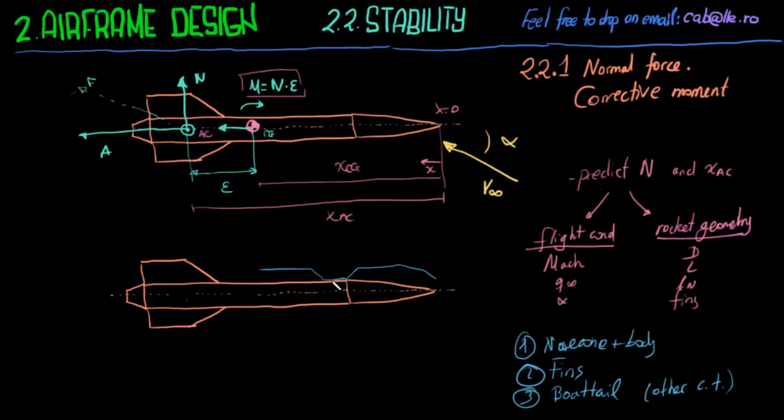But it's not so common in some rockets, so just leave it to boat tail. So this is our rocket, and we'll study these parts independently, and I mean predict their aerodynamics and add the effects together.